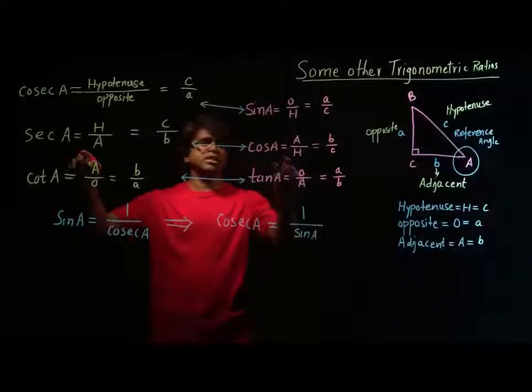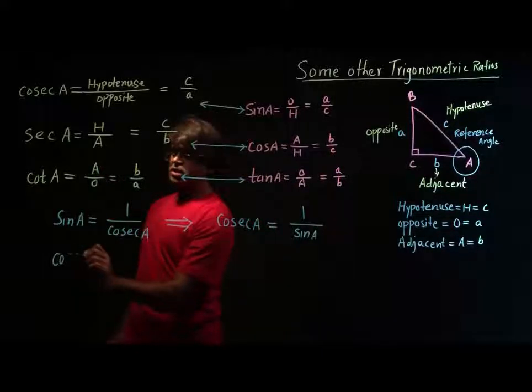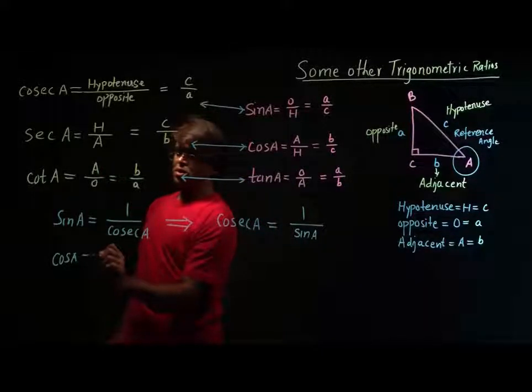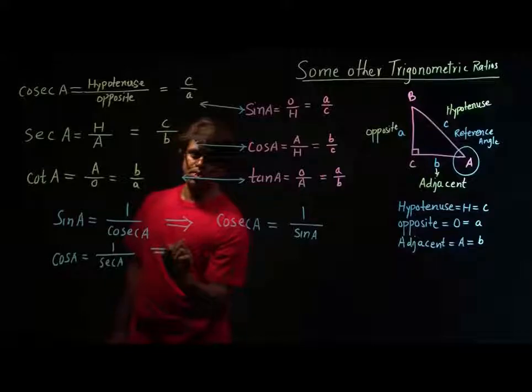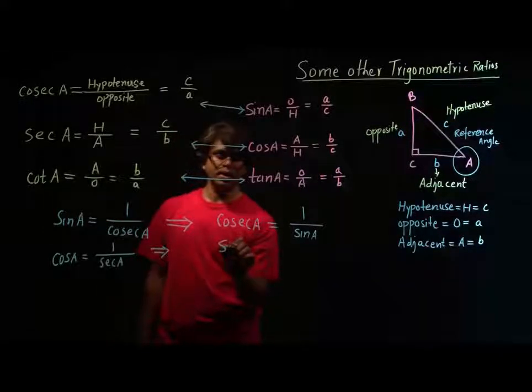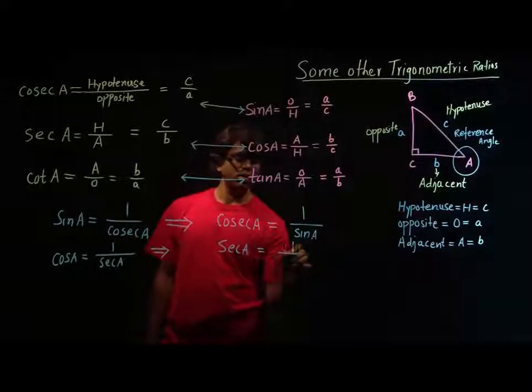Now let's take cosine and secant. Cosine is 1 over secant, and my secant of A will be 1 over cosine.